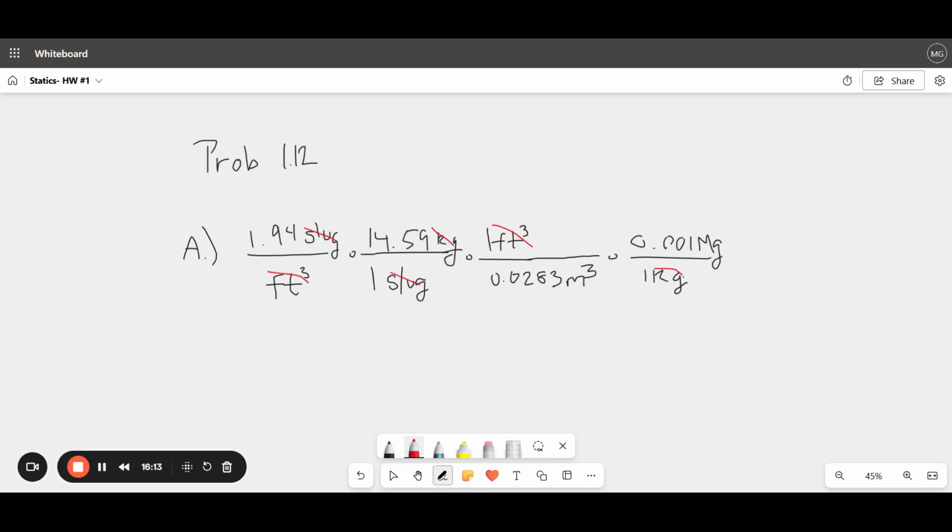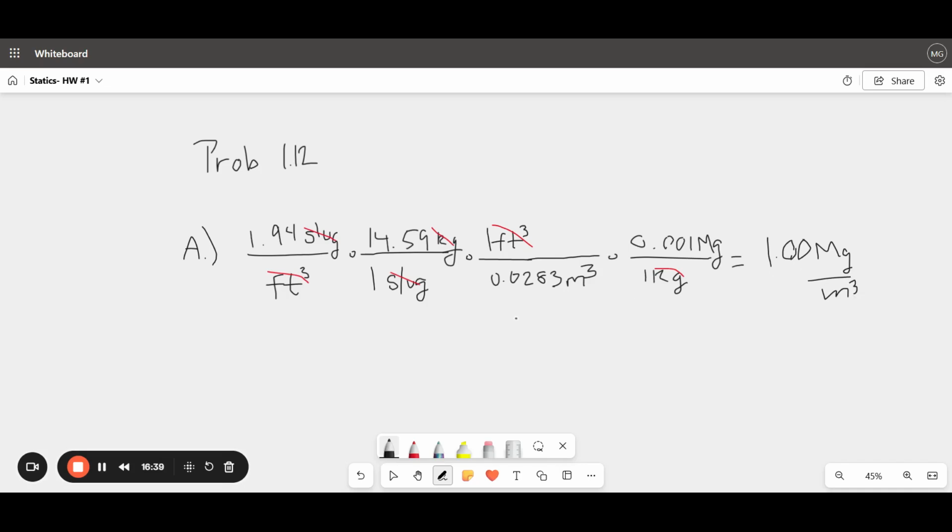So that way, when we finish this problem, our answer is going to be megagrams over meters cubed, which is 1.00 megagrams per meters cubed.